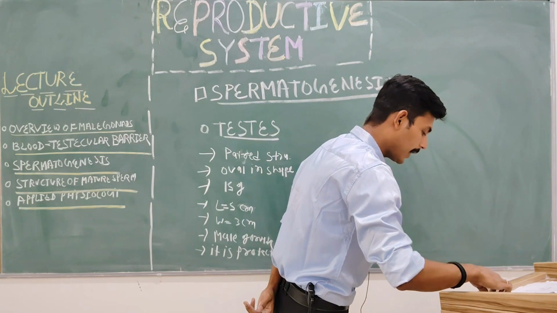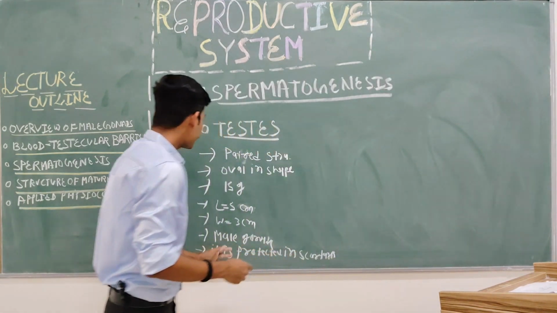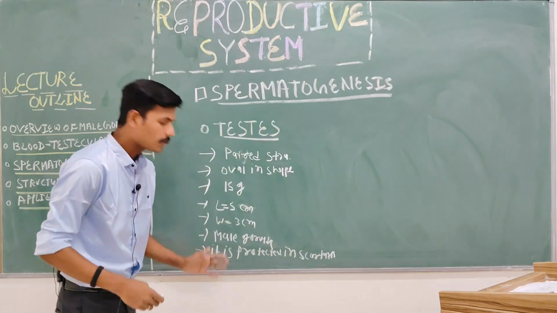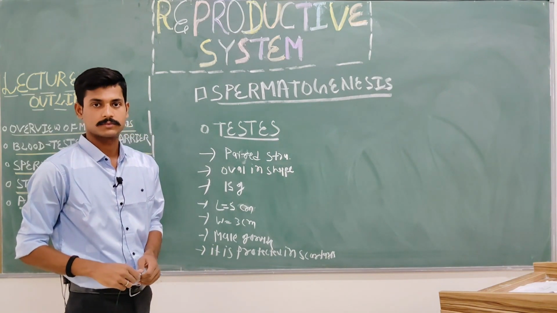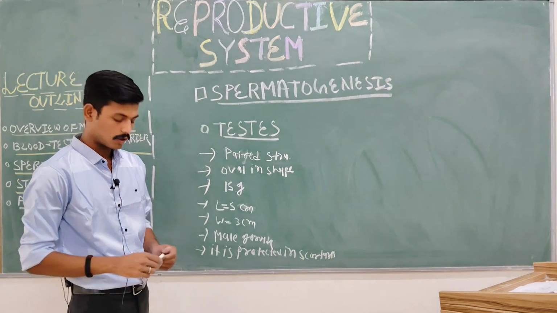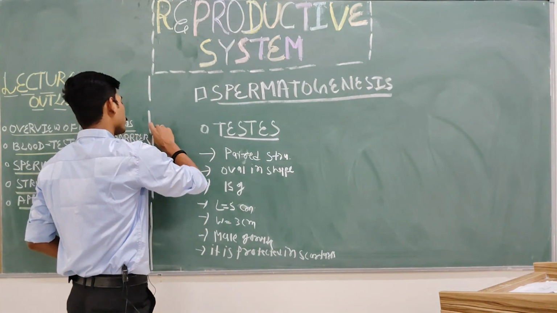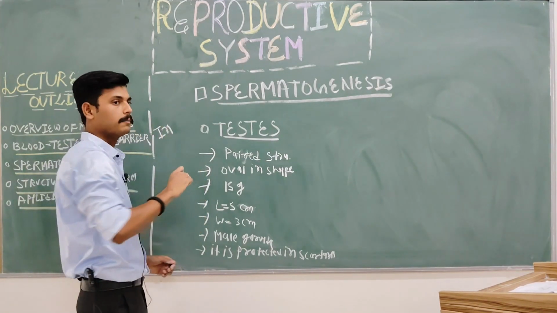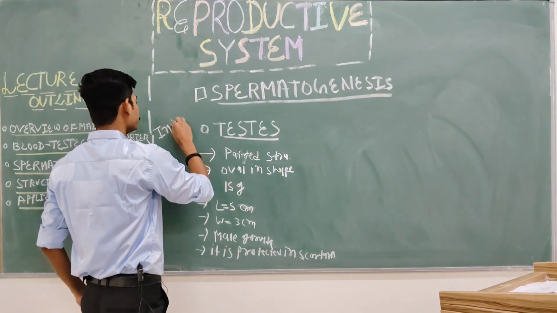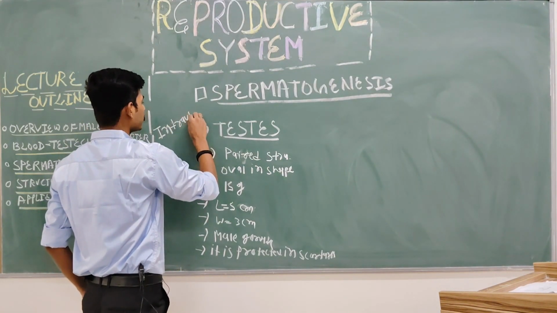Now, one thing you keep in your mind is that the testis is initially not present in the scrotum. Initially means I am talking about the intrauterine life of the male fetus.